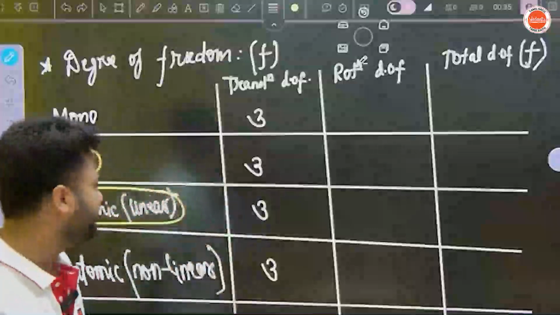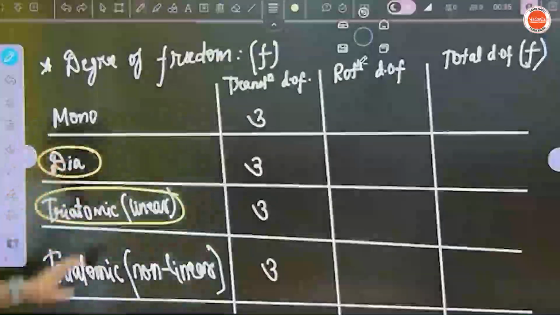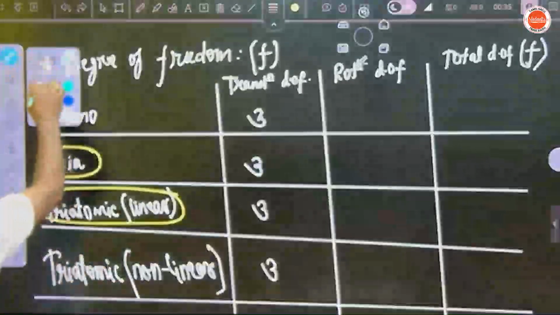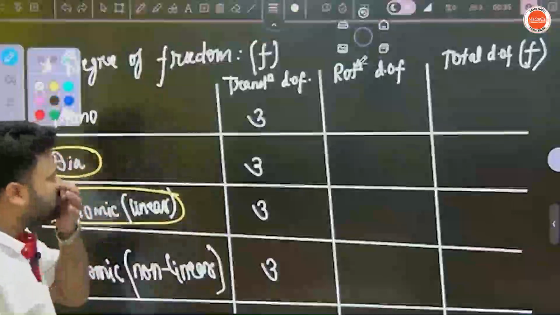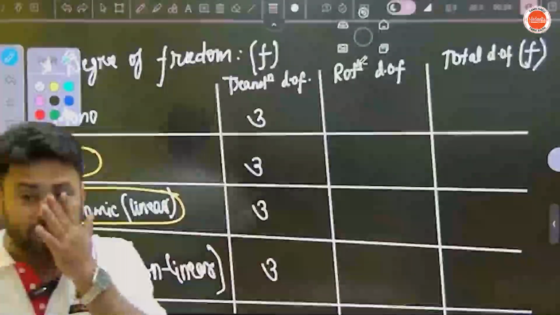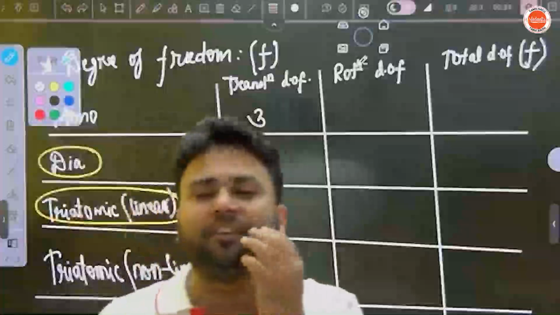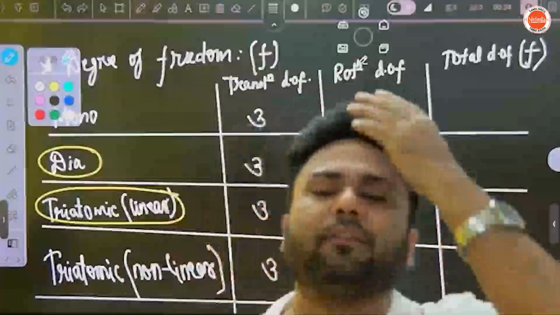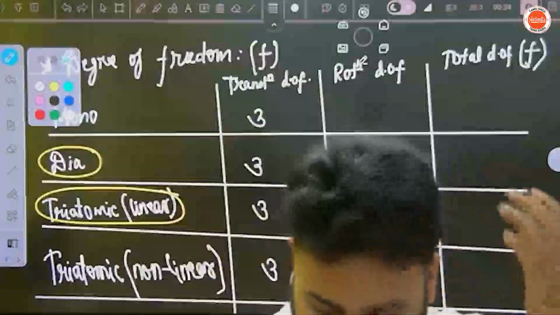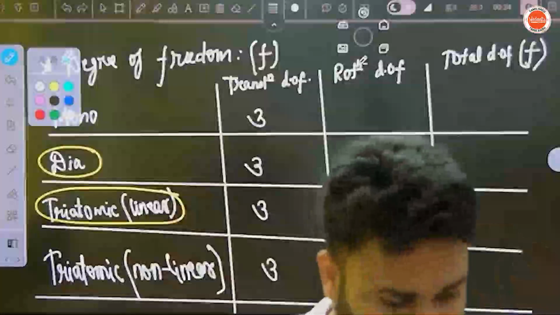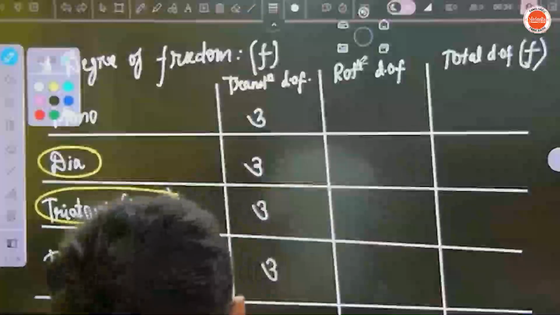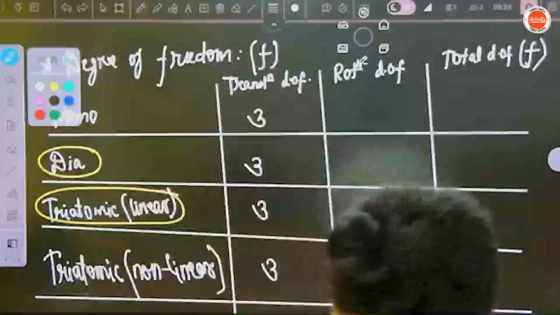Just remember, these two behave the same. Coming to the rotational degree of freedom, in how many ways can monoatomic rotate? Tell me.